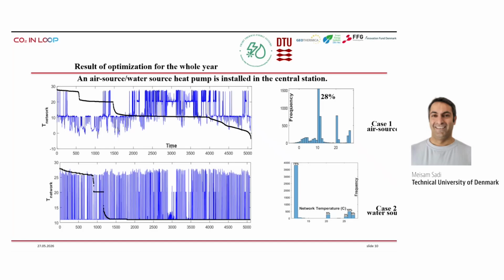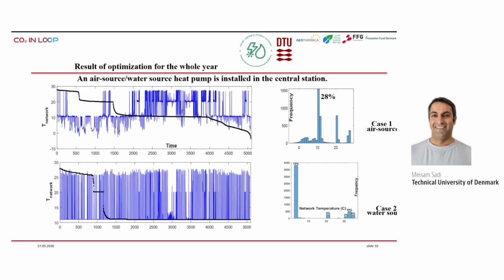And when we have the air source heat pump, case 1, we know that with the air source, the variation of temperature is higher in this case, and 28% of the time we see a temperature of 11 or 12 centigrade, which is about 284, 285 Kelvin.